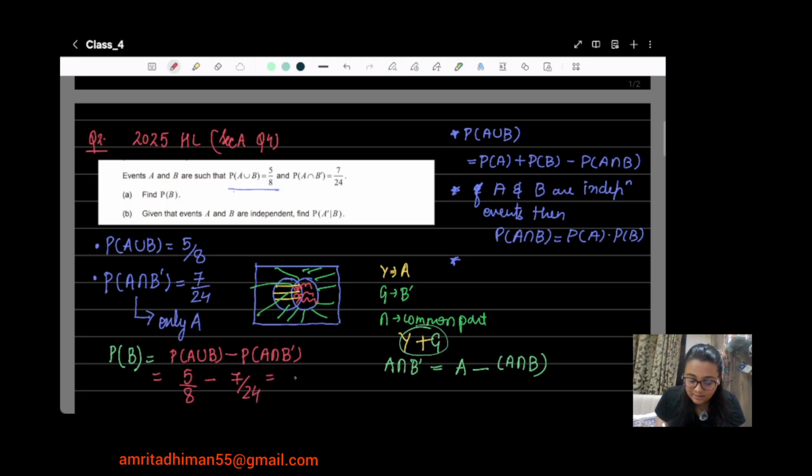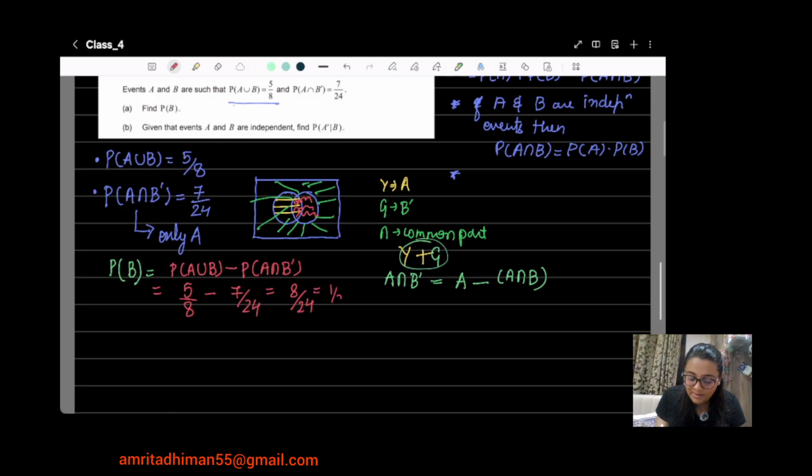When you subtract it, you will get 8 by 24, which is equal to 1 by 3. See, it's very simple to calculate the probability of B.